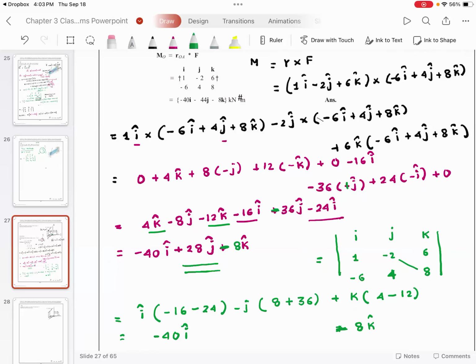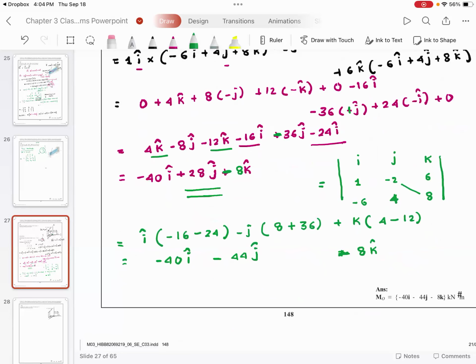So this becomes negative, no, what? Okay, minus, thank you. 36 and 8, which is 44. Thank you. Okay, finally, both the answers are correct. You see, both the answers are matching. And the mistake was in that 36.